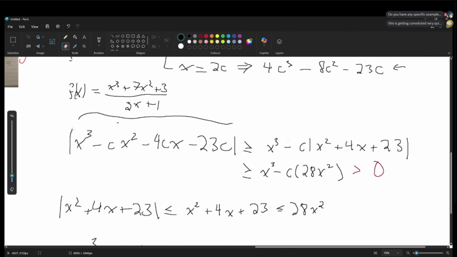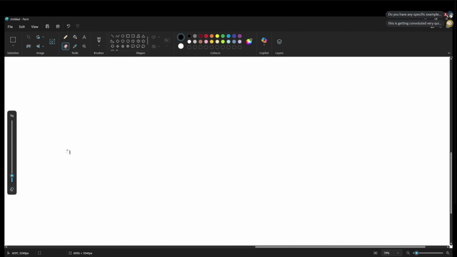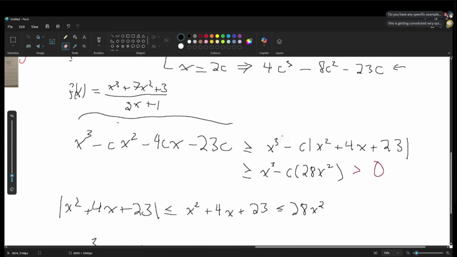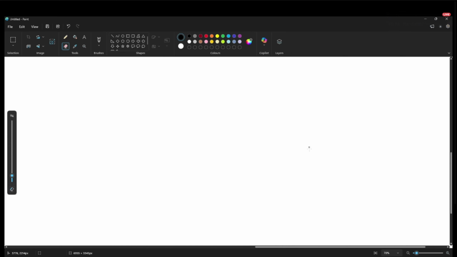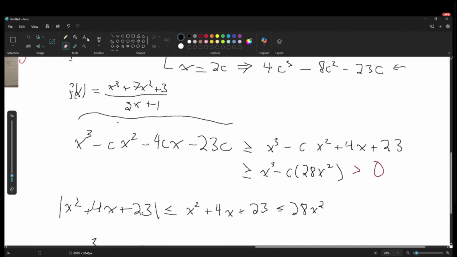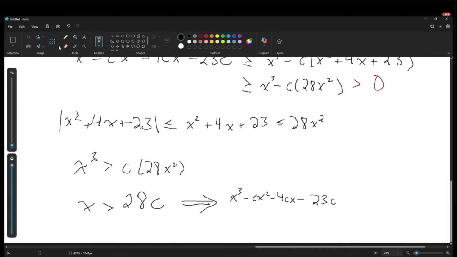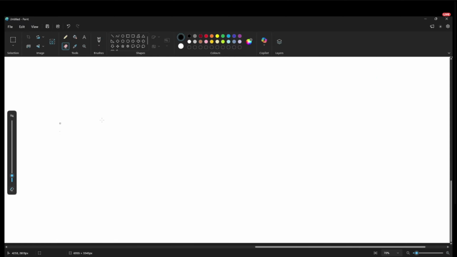Actually, we should get rid of these absolute value signs. Get rid of these guys. And then this probably becomes something like this. Let me wrap this in brackets. There we go.